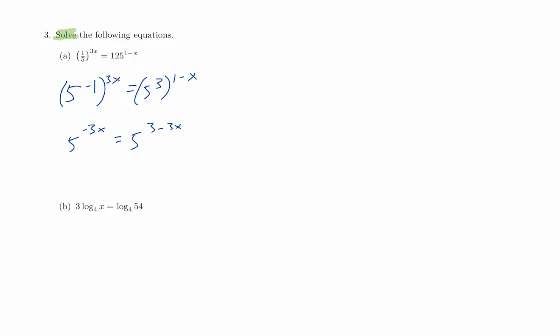The reason why we want to write the same base is that now we have 5 raised to this thing equals 5 raised to this thing. That means the exponents must be equal to each other. So negative 3x equals 3 minus 3x, and we solve for this equation.